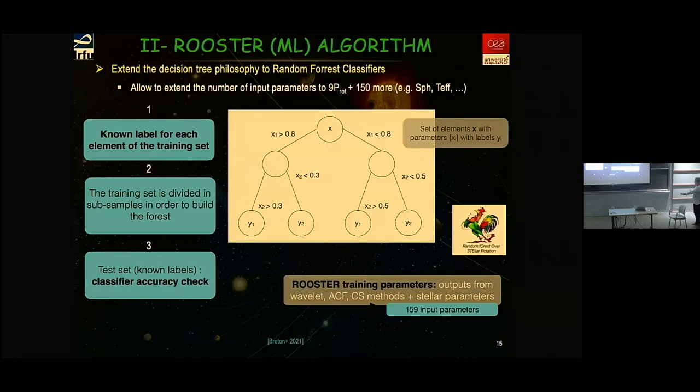So we are going to produce decision trees for a smaller amount of parameters, and then we let the algorithm make the division of each parameter with a sample for which we know the results. So we know all the parameters of the stars here, the X, Y, and all the labels, so the rotation period in this case.